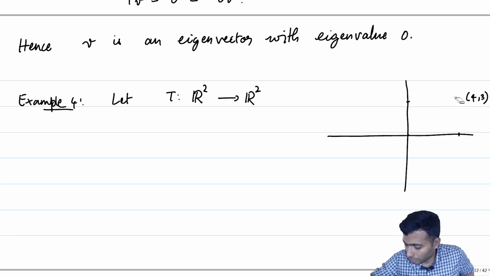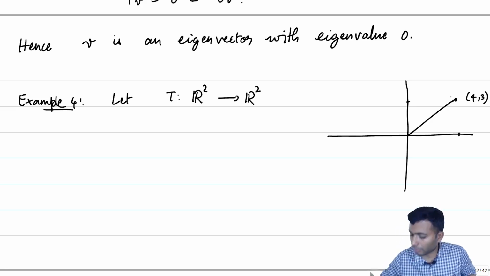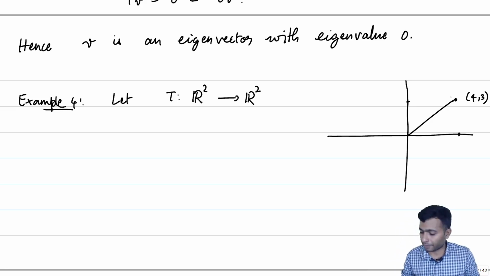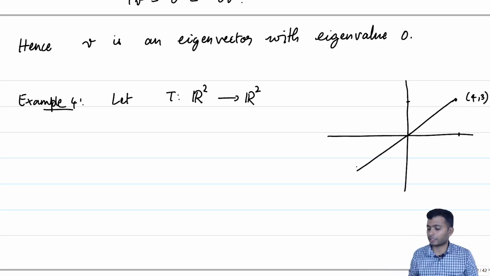So, just first draw the line and then mark the point. This is our point (4, 3), and let us look at the reflection along this particular line which is joining 0 and (4, 3). So, any point here is mapped to a corresponding point here.